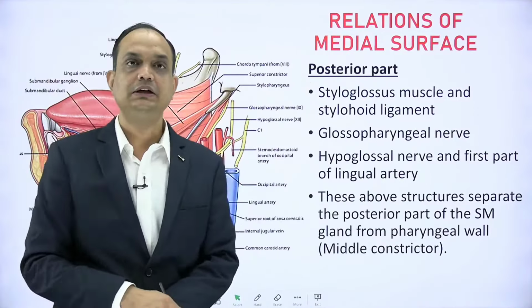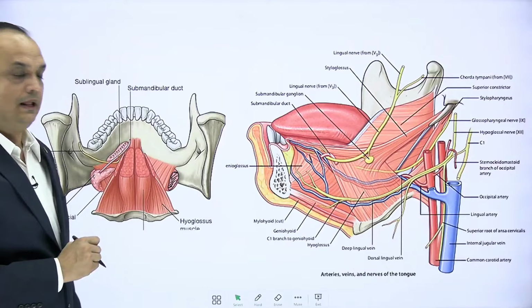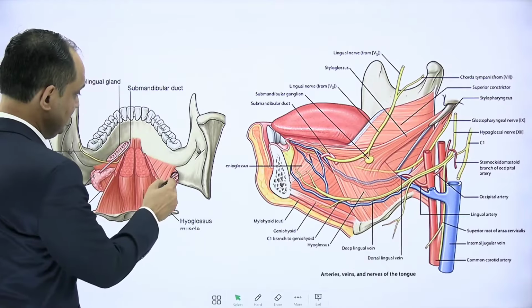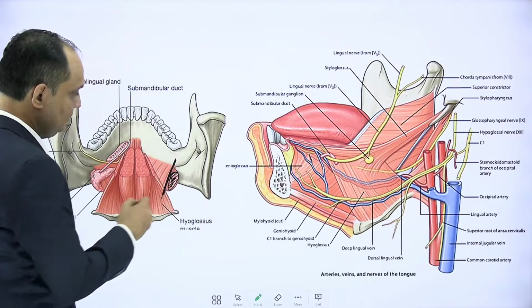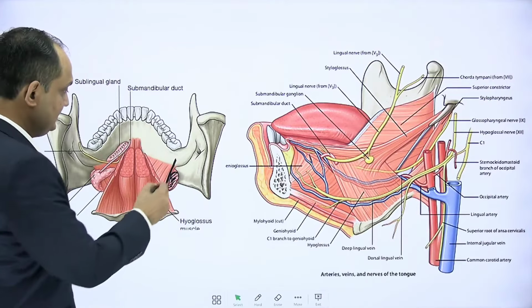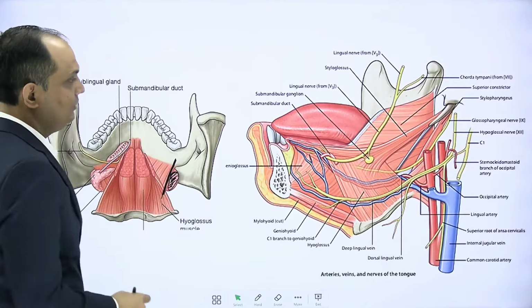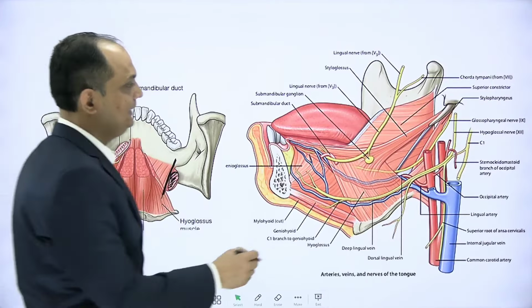Then in these two diagrams, again if you see the orientation, that is how the posterior part of the submandibular gland is related with the structures. Here you can see that this is the cut part of the posterior part of the submandibular gland. Now this cut part is projecting behind the free margin of mylohyoid muscle, and this part now comes in contact somewhere here with the lateral wall of the pharynx.